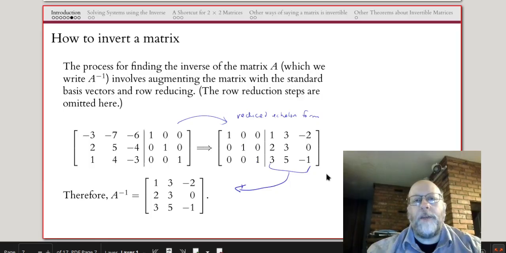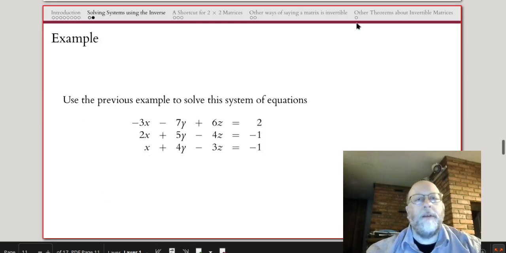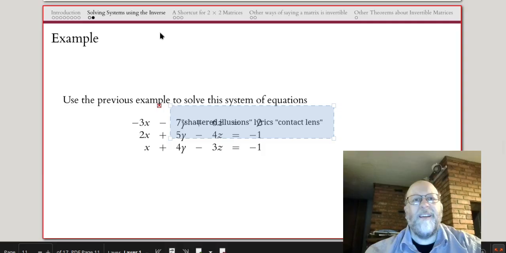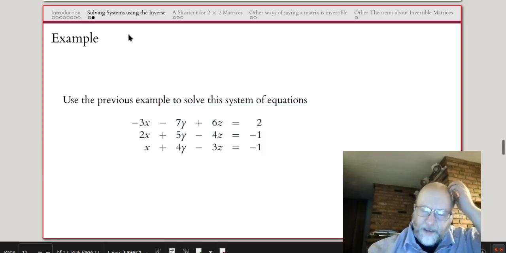And we found the inverse of a matrix. Okay. See if we can make this happen. Nope, didn't work. All right.